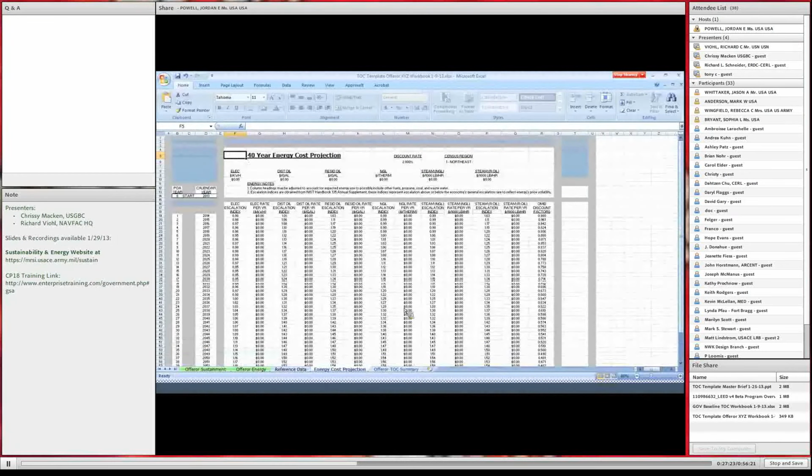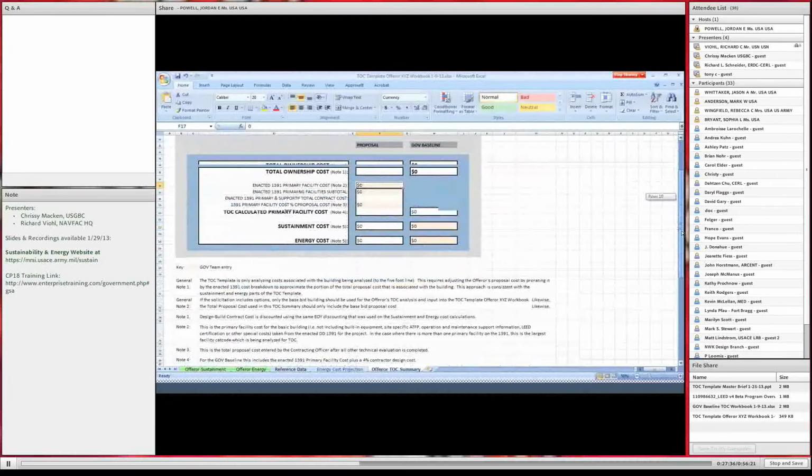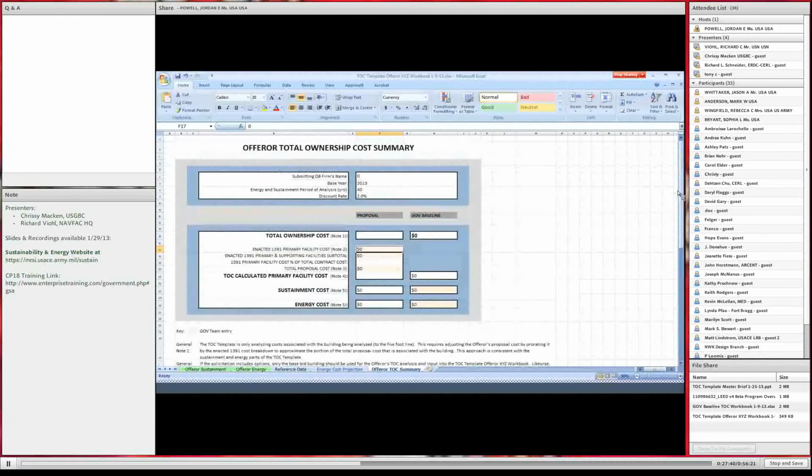So all that's already in the template and used in the calculations in the first two tabs. And finally, the last tab, Offeror TOC Summary, is where it all comes together. This is where we compare this particular offeror's TOC to the baseline TOC, and there's a lot of subtlety in how those numbers come in and are manipulated, but it's the final summary.